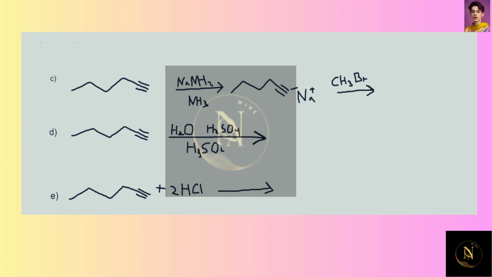And then we'll react it with CH3Br, which will add another carbon to the end of the triple bond. So this is 2-heptyne, and we will also have a salt.